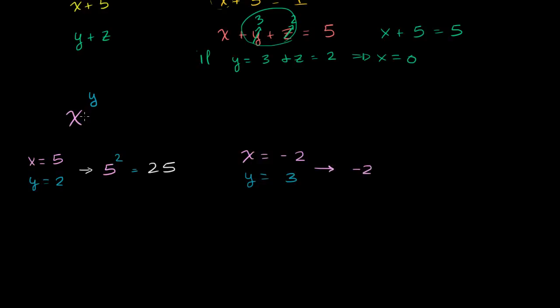That's what we're going to substitute for x now in this context. And y is now 3, -2 to the third power, which is -2 times -2 times -2, which is -8. -2 times -2 is +4, times -2 again is equal to -8.